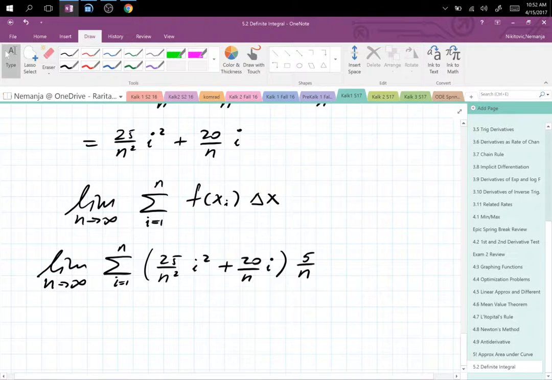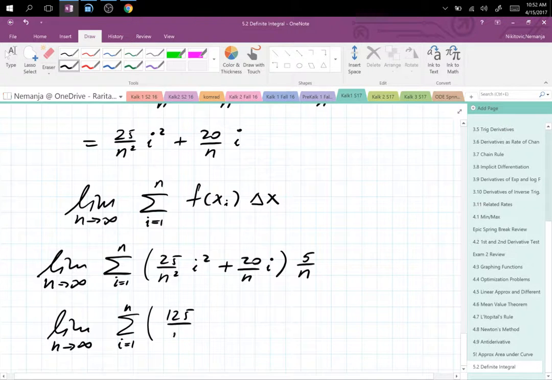I will distribute 5 over n, then split the sums, then replace the sums and be done. So this becomes summation 1 over n of 125 over n cubed i squared plus 100 over n squared i.